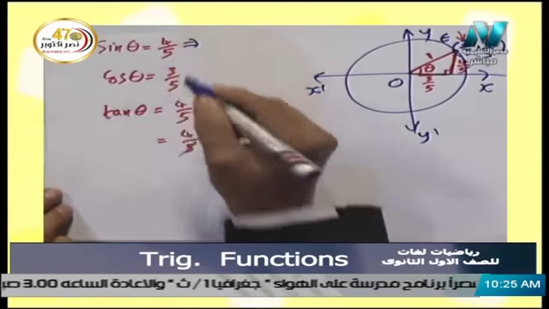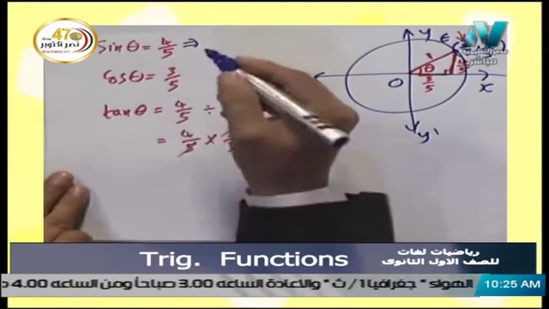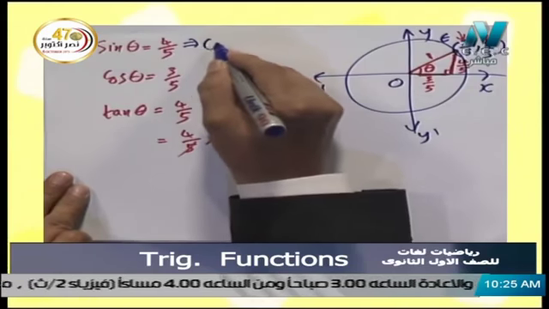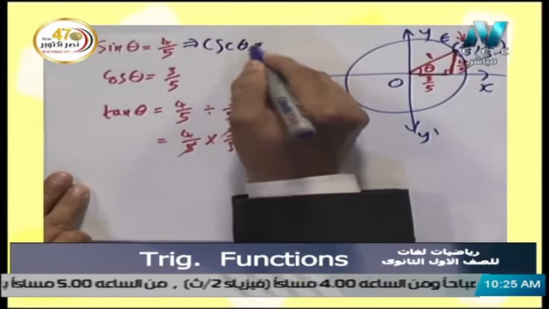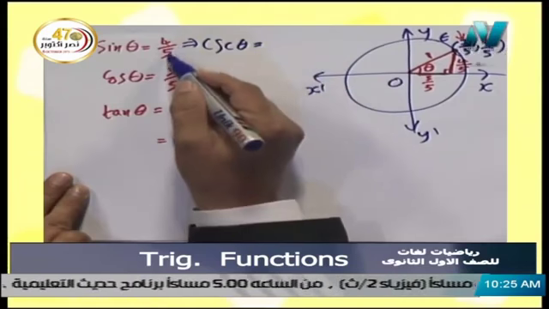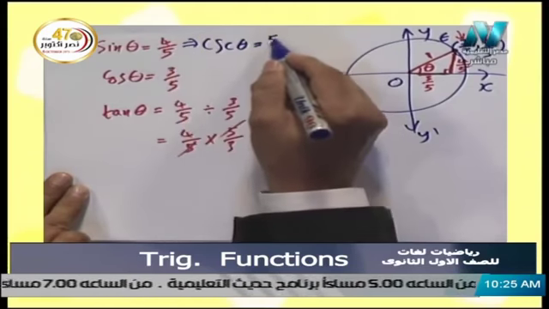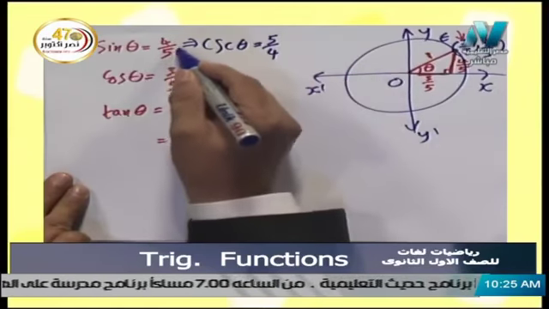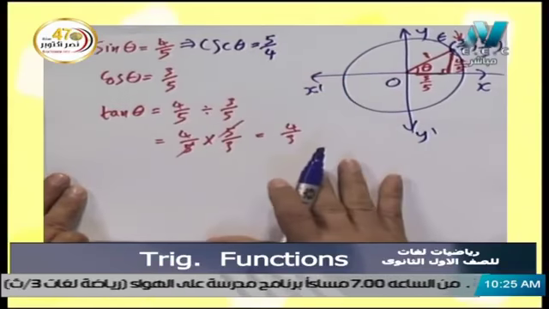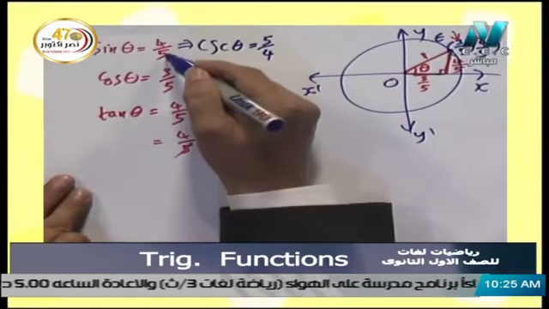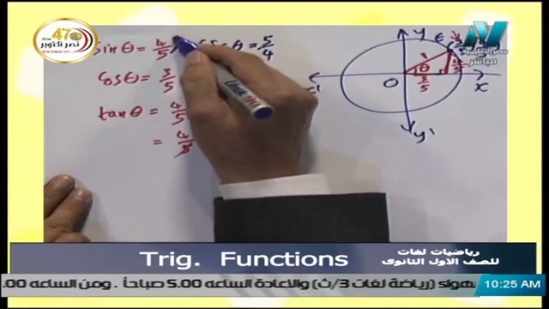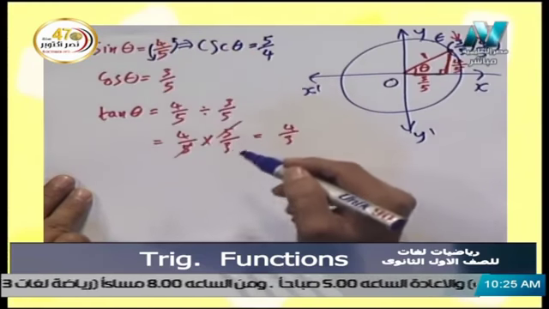We can say that the reciprocal of sin theta is cosec theta. Cosec theta is the reciprocal of sine, so it's 5 over 4. We make the reciprocal here: 5 will be the numerator and 4 will be the denominator, so it's 5 over 4.